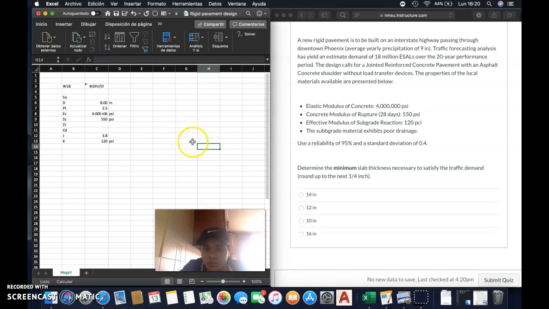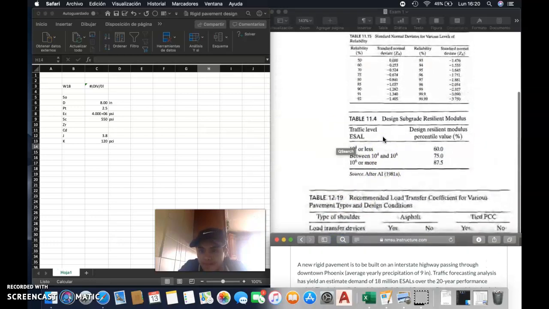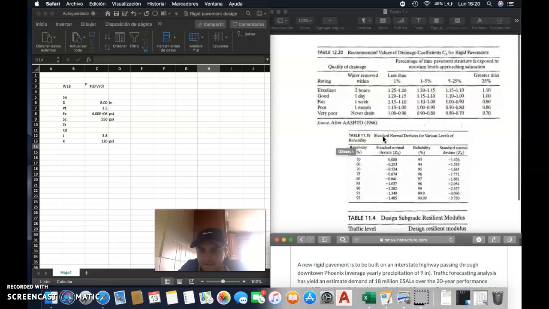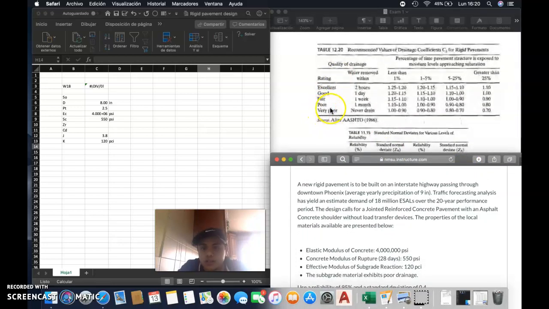What else? The subgrade material exhibits poor drainage. Let's see the table. We have poor drainage, and we also have a very low precipitation, so I choose 1.1 for Cd.